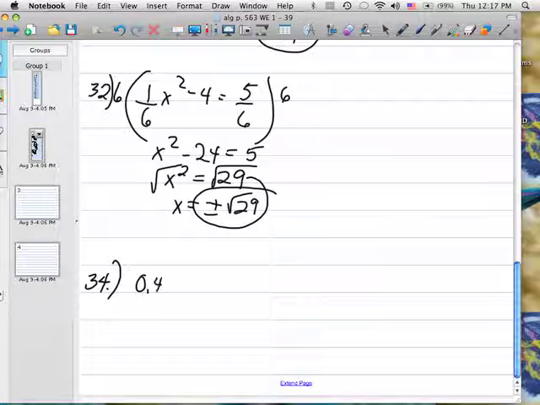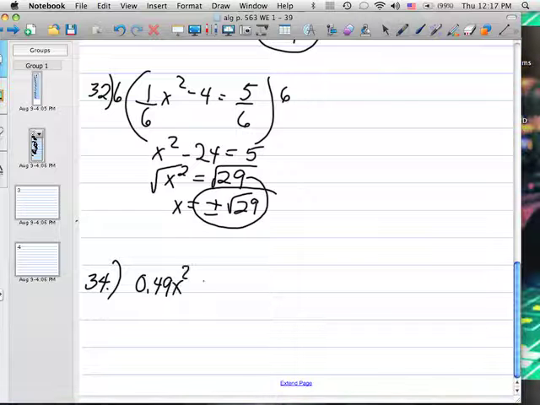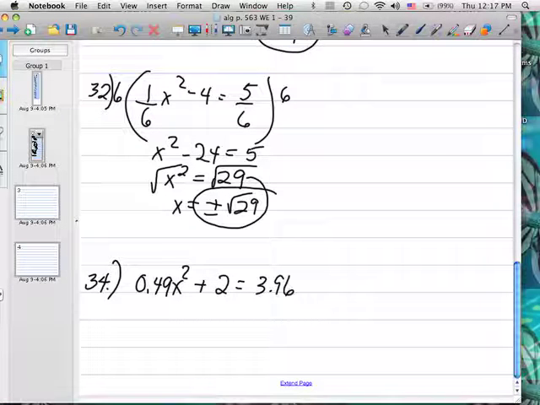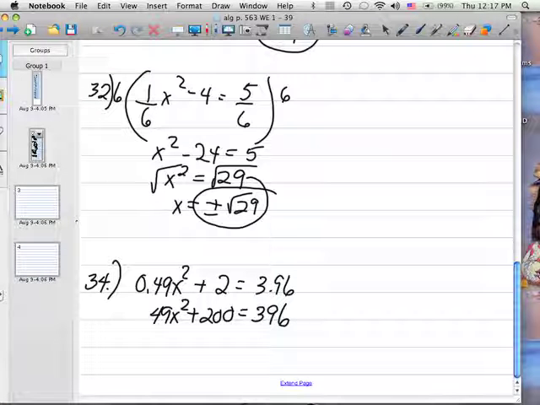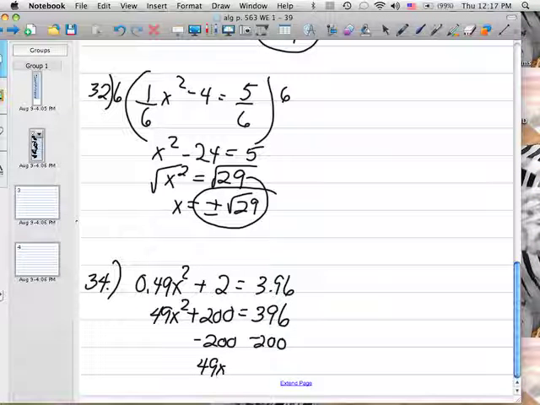We have 0.49 x squared plus 2 equals 3.96. I'm going to multiply by 100, so I get 49 x squared plus 200 equals 396. Subtracting 200 from both sides, I get 49x squared equals 196.